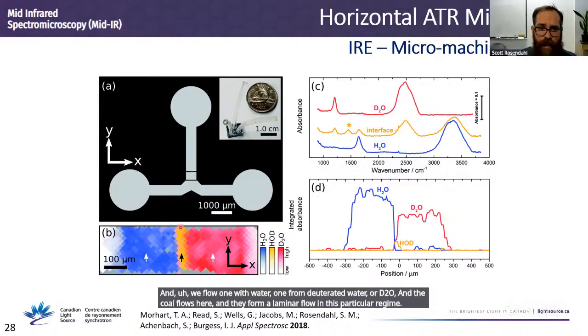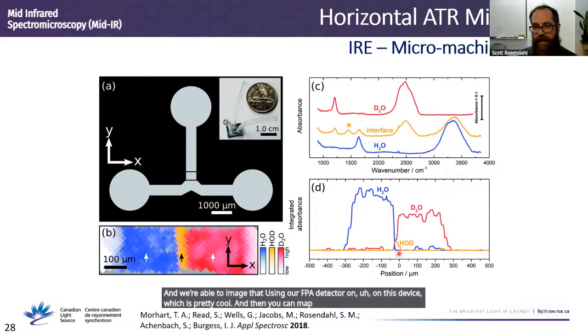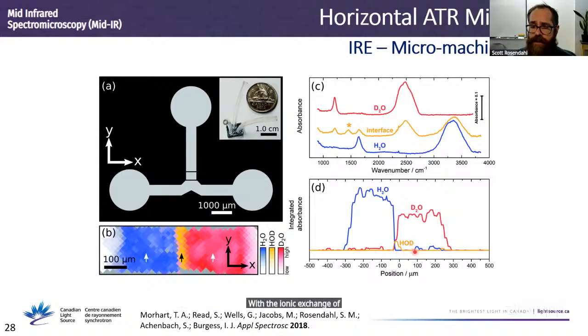We're able to image that using our FPA detector on this device, which is pretty cool. And then you can map that out so you can see where the two channels, H2O and D2O, are, and in between we have the mixing, or the ionic exchange of deuterium with hydrogen in water, which we call HOD, which is pretty cool.